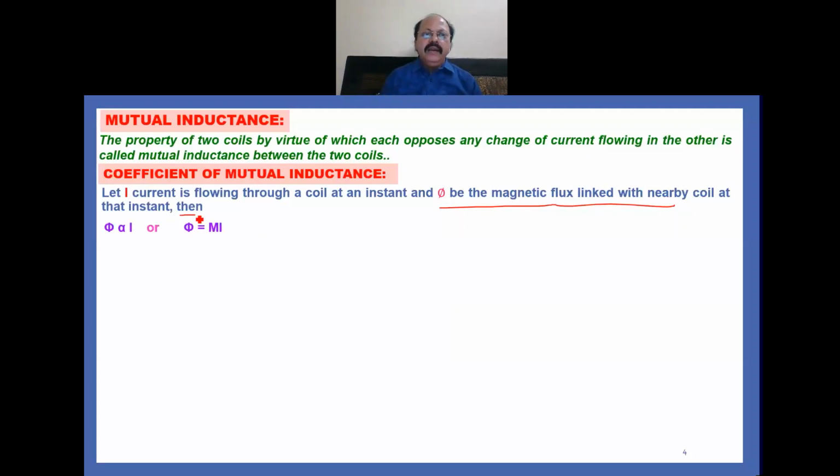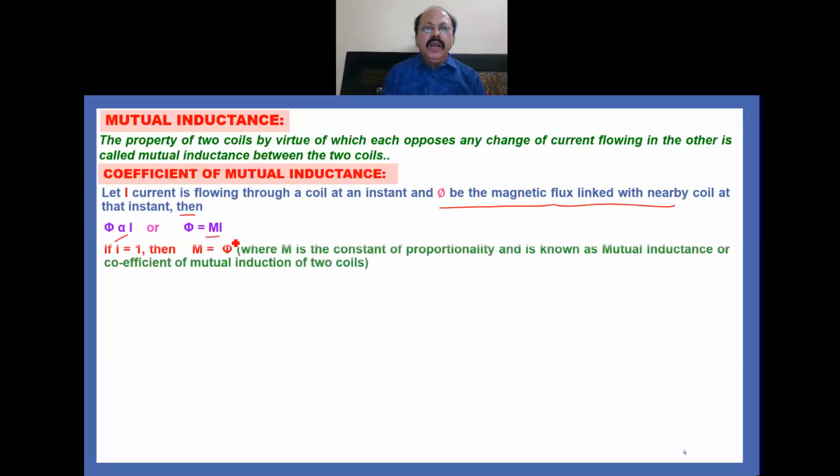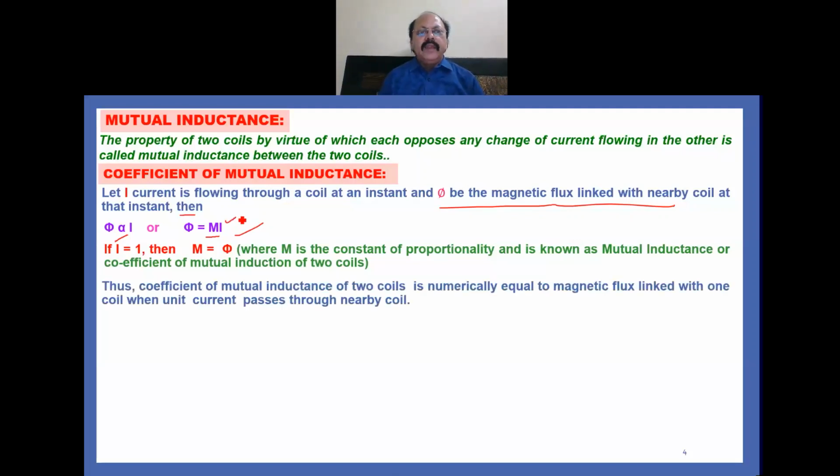So we can say that phi is directly proportional to I, and to remove this proportionality sign we require a constant, and that constant is M. This M is called the constant of proportionality and is known as mutual inductance or the coefficient of mutual inductance of two coils. If I equals 1, then M equals phi by this equation, and we can define it like that.